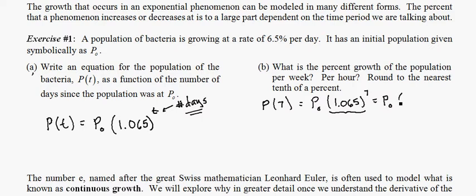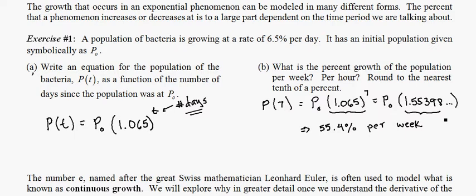So if I take 1.065 and raise it to the 7th, I find I have 1.55398, etc. It's not the nicest thing. But now by looking at this, because I got to multiply by 1.55398, I know that it must have grown by 55.4% per week.